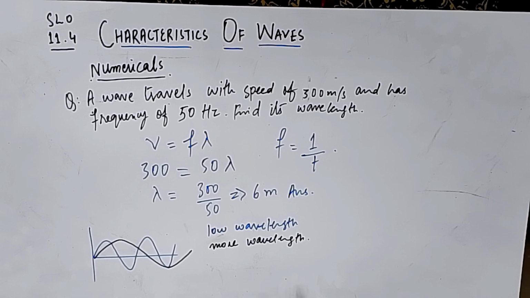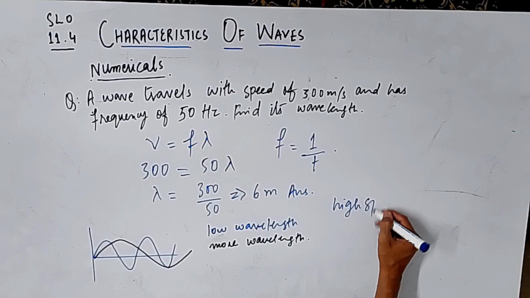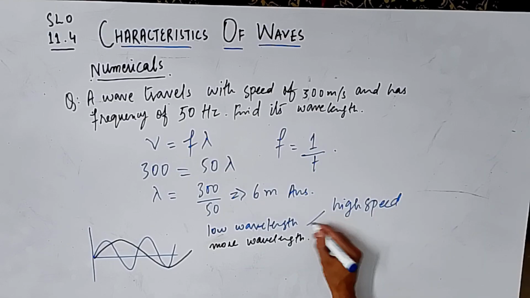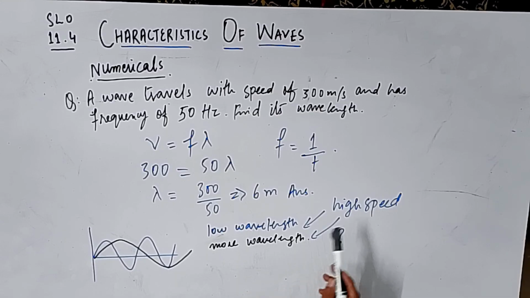What I ask you is to think about which wavelength has high speed, this one or this one, which one? Think about it and then reply with the answer: if the wavelength is low then the speed is high, or if the wavelength is more then the speed is high. So you need to think about it and then tell me the answer.